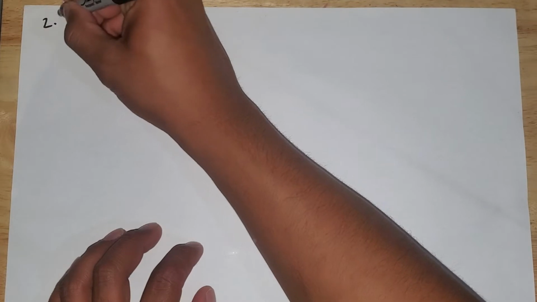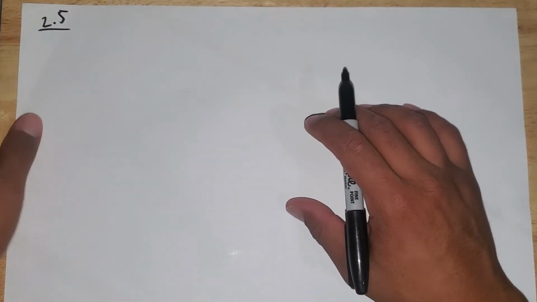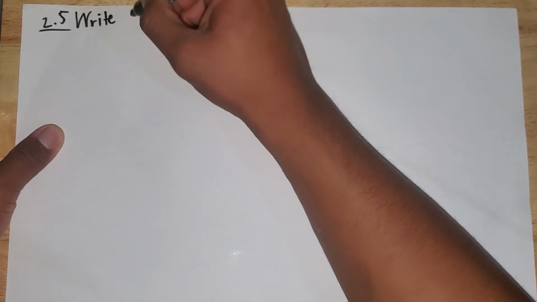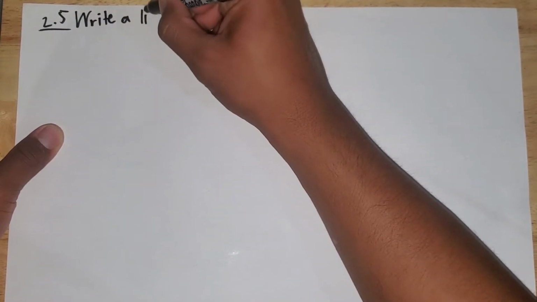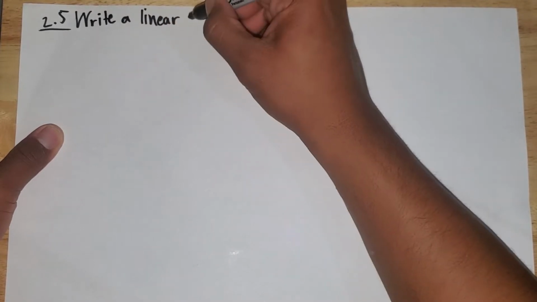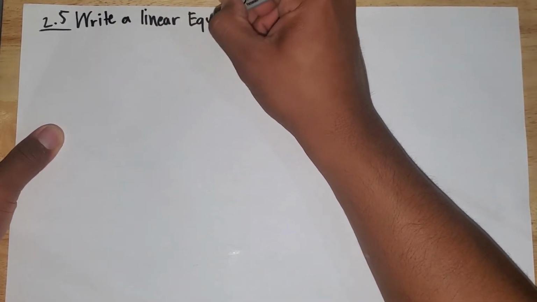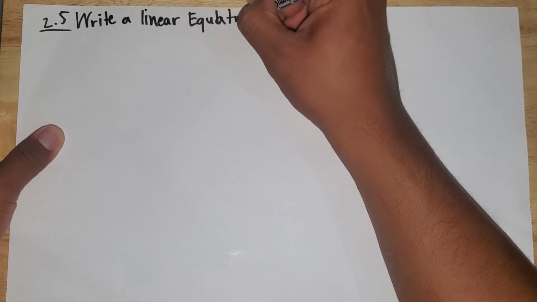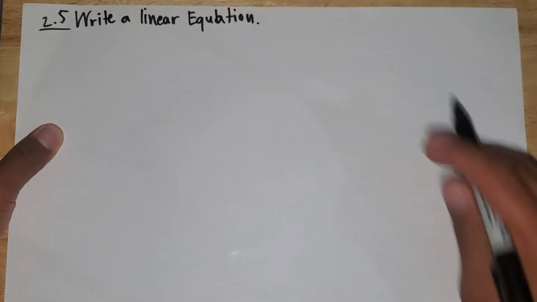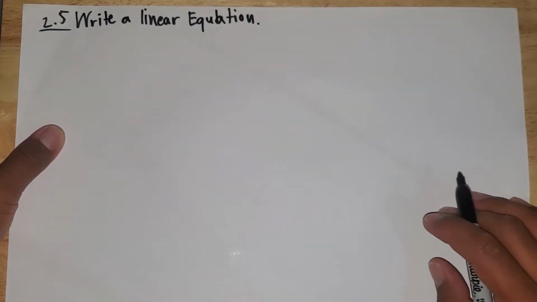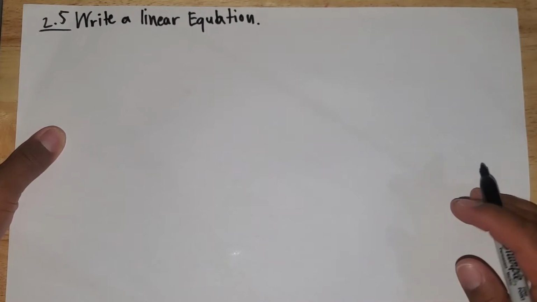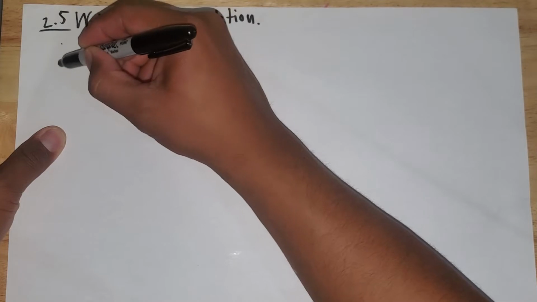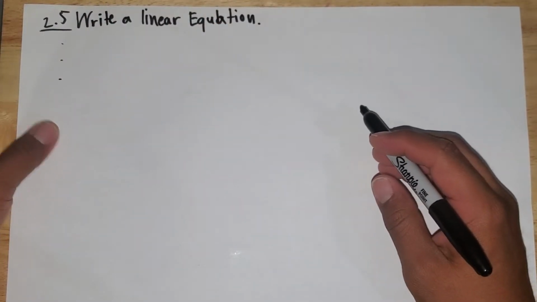So with 2.5, what we're going to focus on is just being able to write a linear equation. What I mean by writing a linear equation, in this section, these problems, there's three different types of problems.